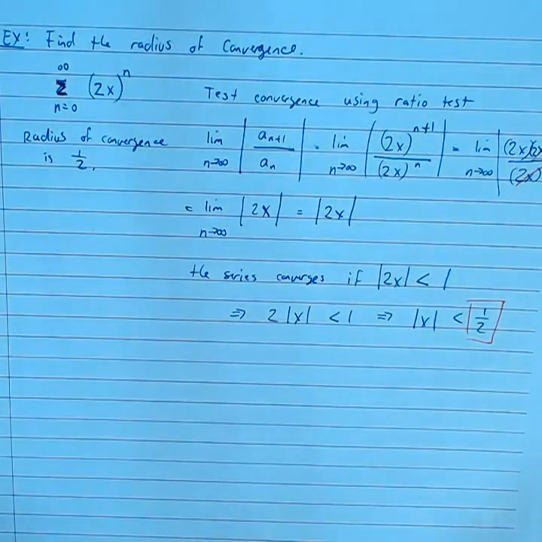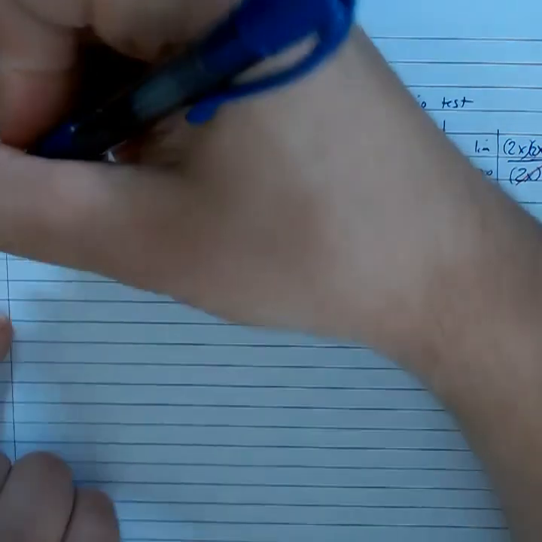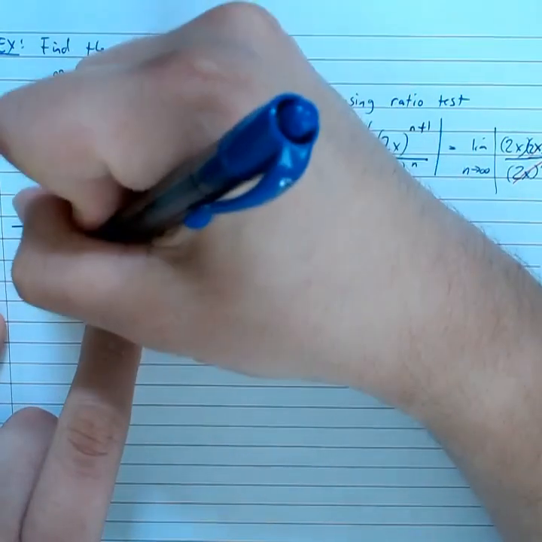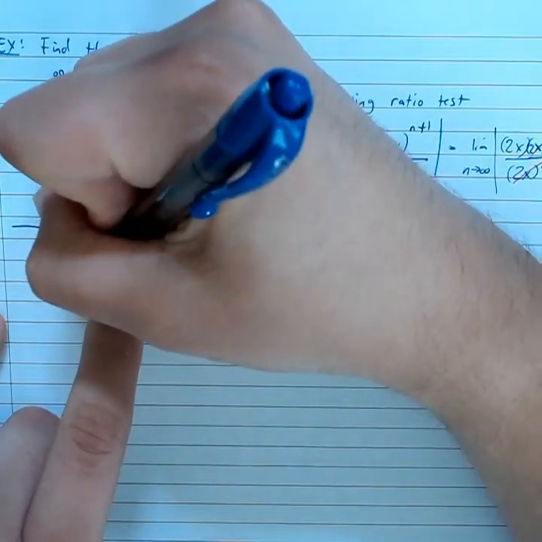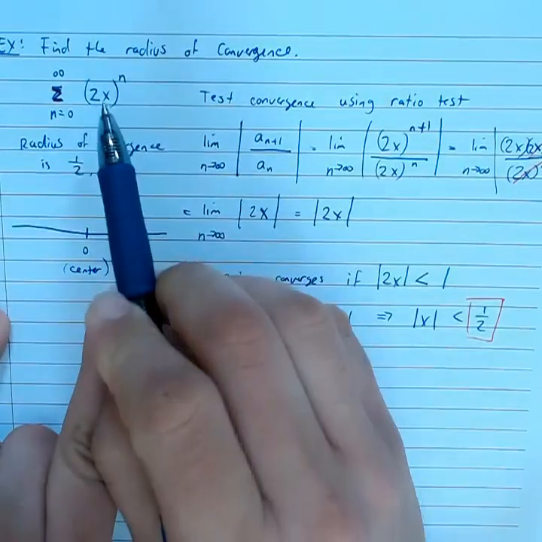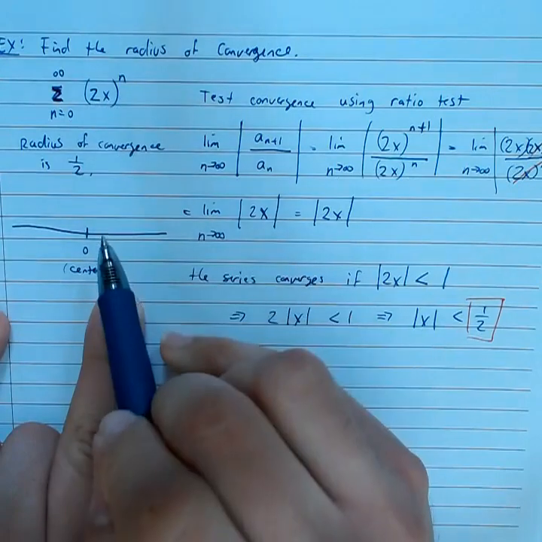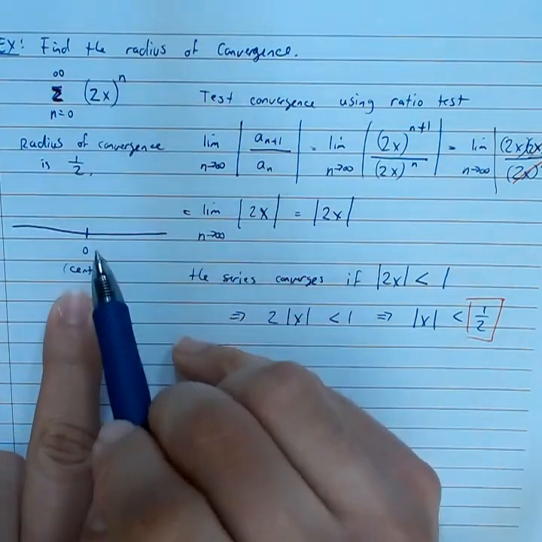Note that your center is equal to 0. So by putting those together, you can actually form what's called the interval of convergence. You know your center. That's 0. It doesn't have to be 0, but here it is, because here you're saying x minus nothing. If this was 2 times x minus 5, then your center would be 5. But here it's 0.